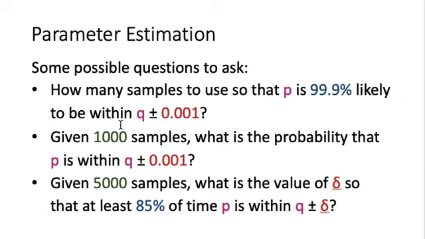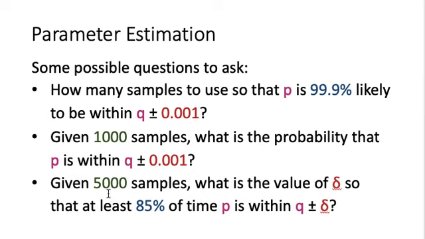Some possible questions that we may ask are: how many samples should we use so that P will be 99.9% likely to be within the range of Q plus or minus 0.001? Or suppose that we have only money for 1,000 samples. How much confidence, how much chance can we have to say that P is within Q plus or minus 0.001?